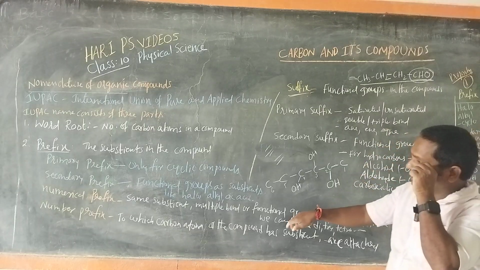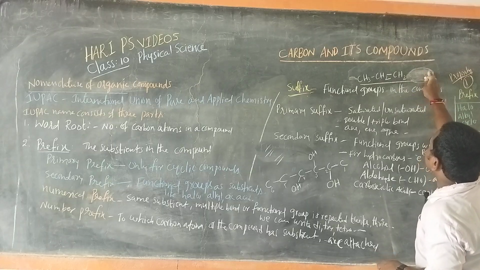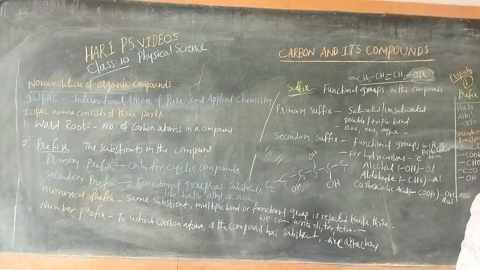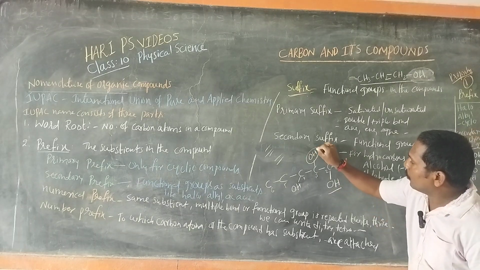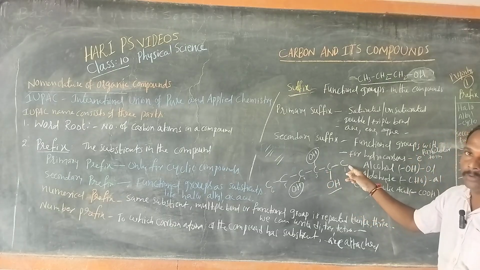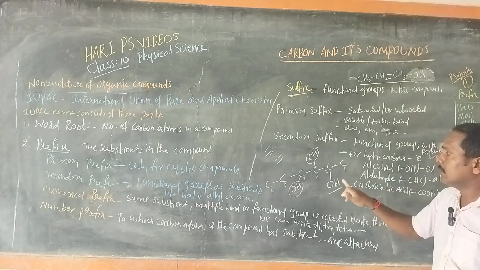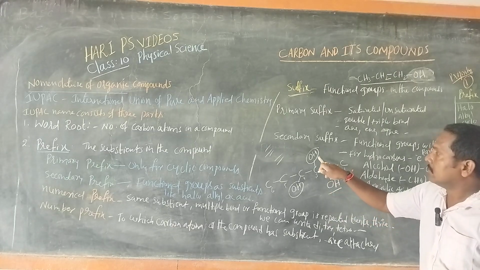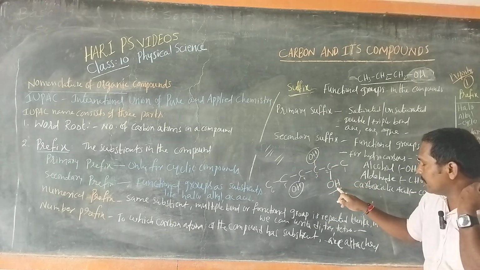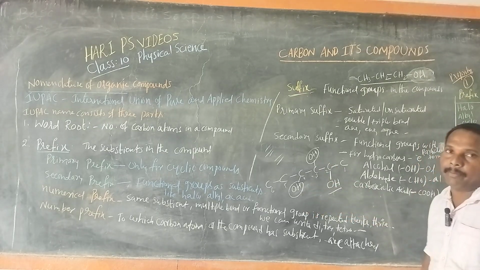If we consider the same example, for example, an OH alcohol group is there. Here OH, here also OH. This is the main compound. For the main compound, we have 3 functional groups, the same hydroxy functional groups on the carbon atoms.